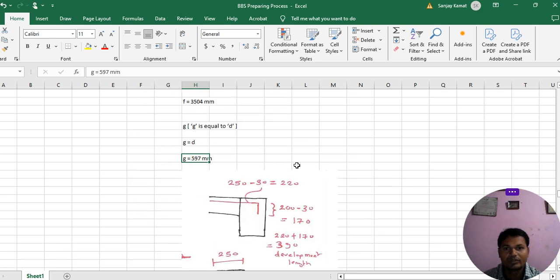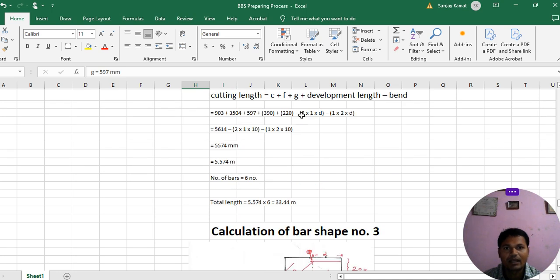So substitute this value here, and substitute the G value and bend value, and after solving you will get the cutting length. The total number of bars will be 6.